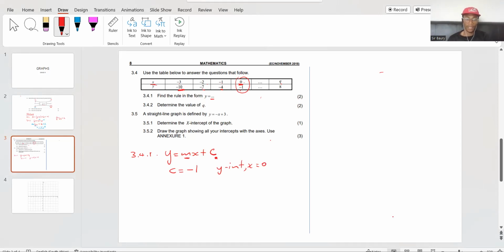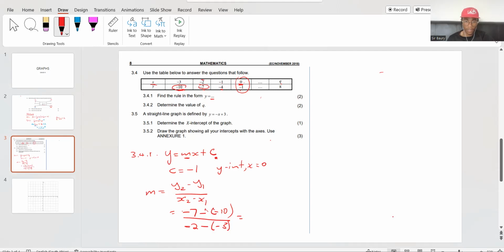And then m is the gradient. I can find the gradient. Gradient is equal to y2 minus y1 all over x2 minus x1. So my y2 is -7, minus y1, which is -10, all over the corresponding x value, which is -2, minus -3.